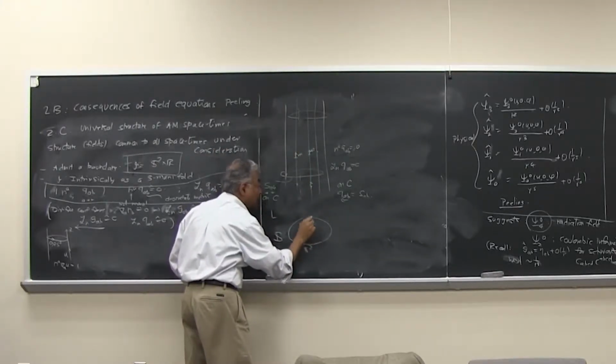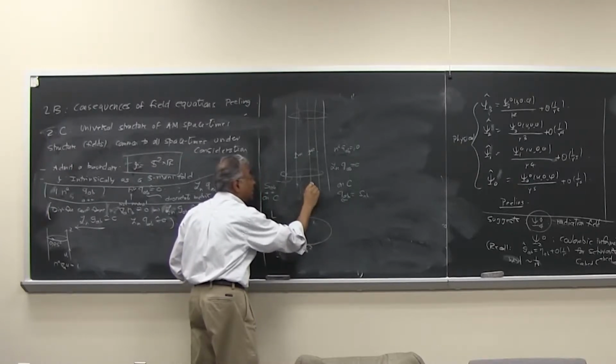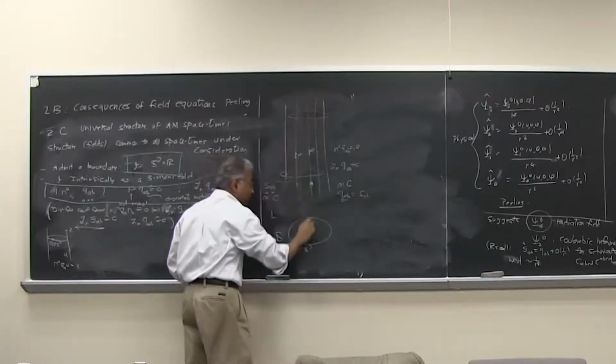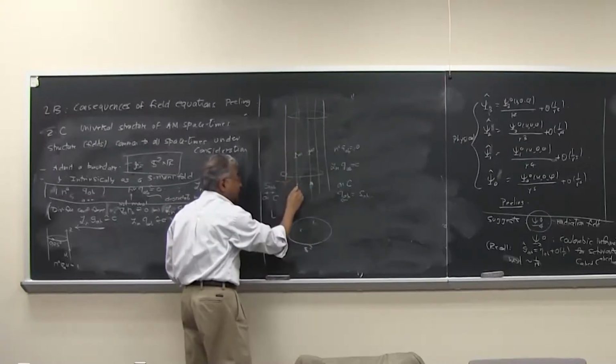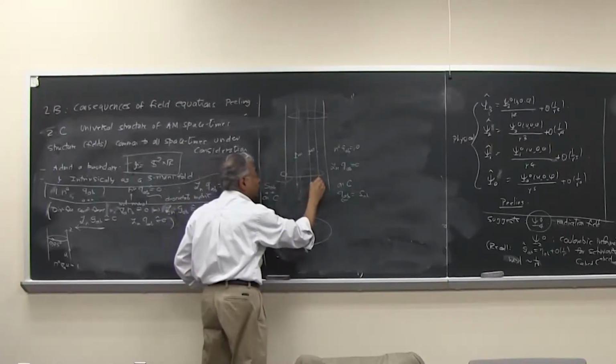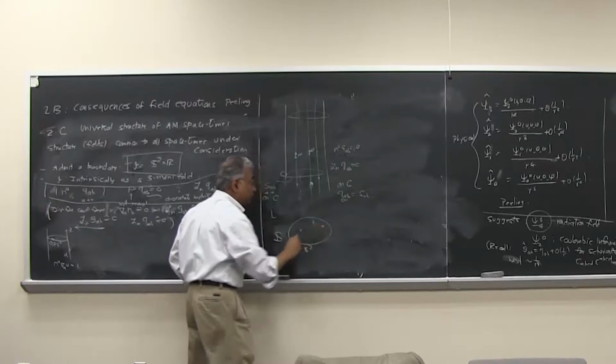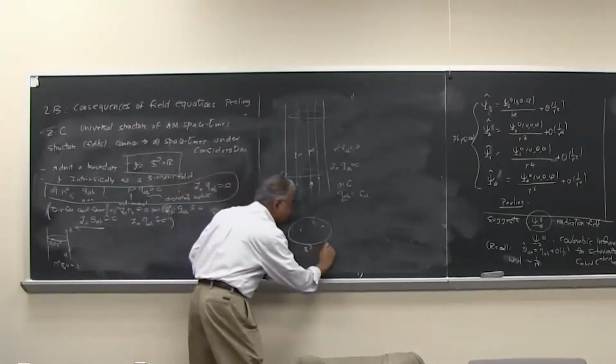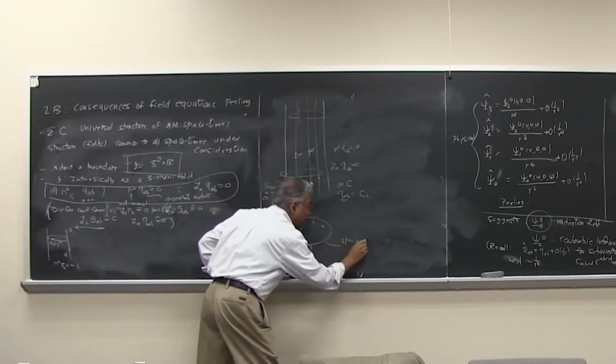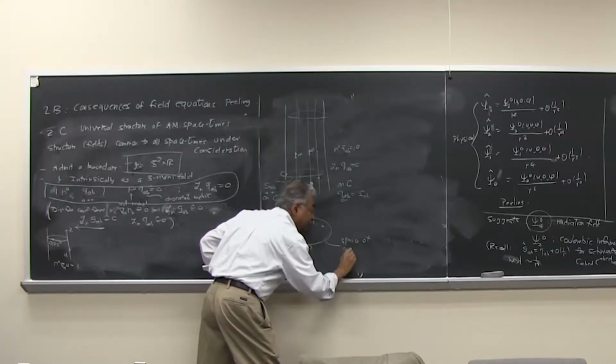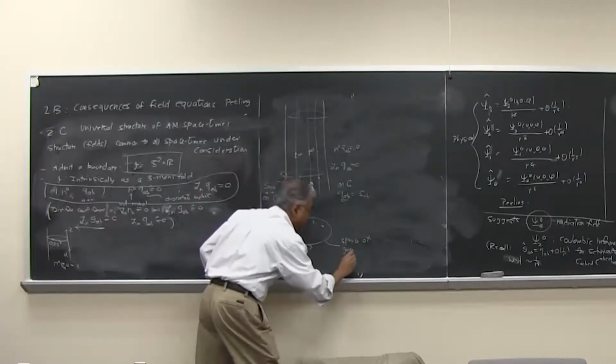This generator projects to this. This generator projects to this, etc. So this is the space of generators. A generator is just the integral curve of n^a.